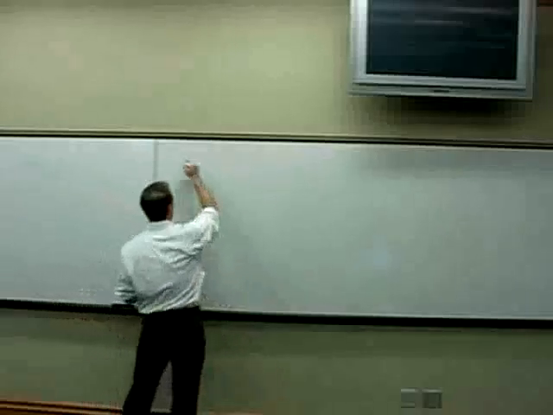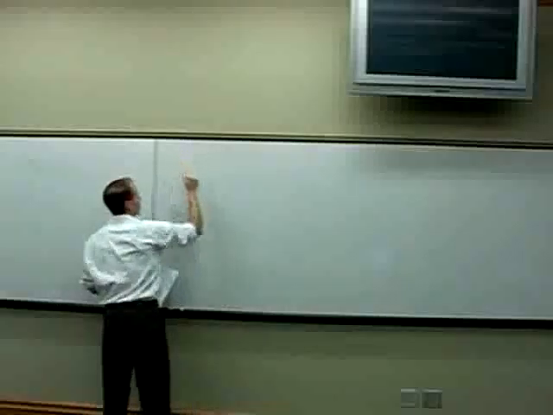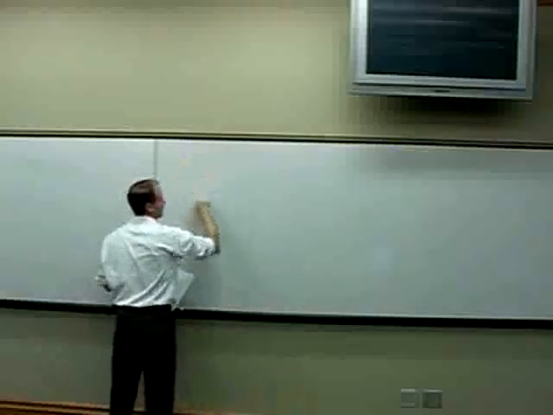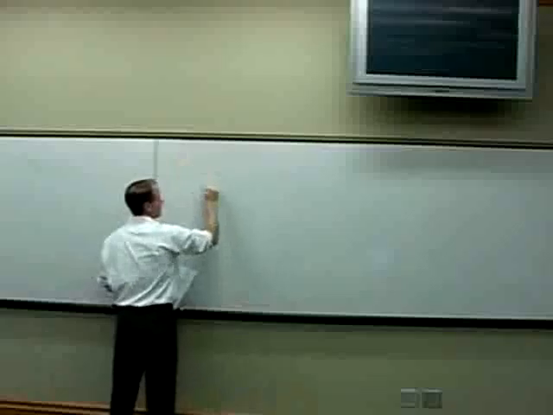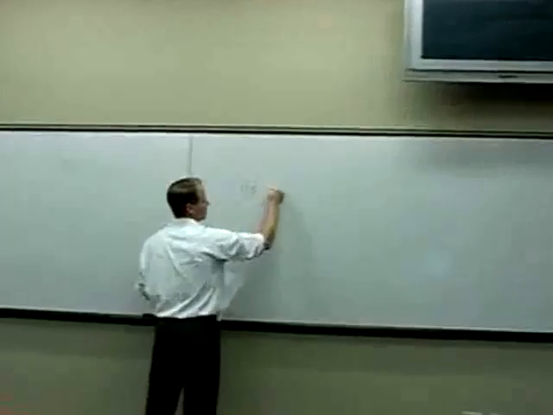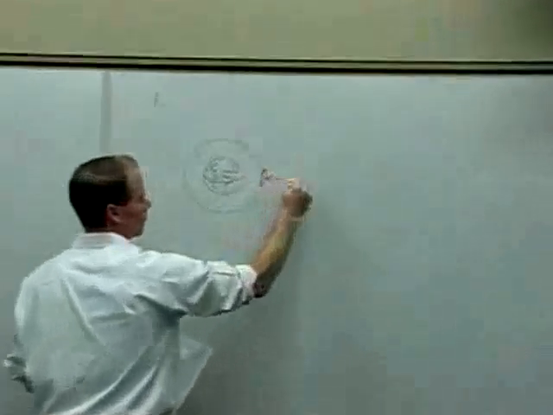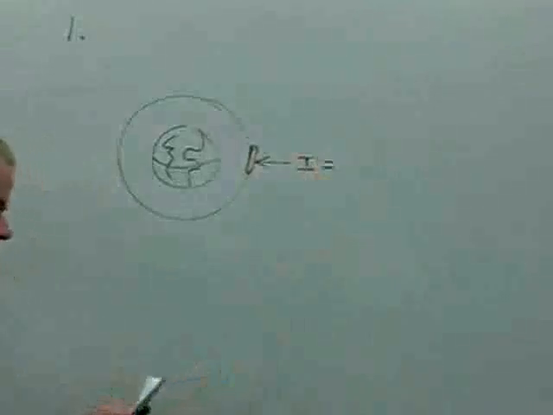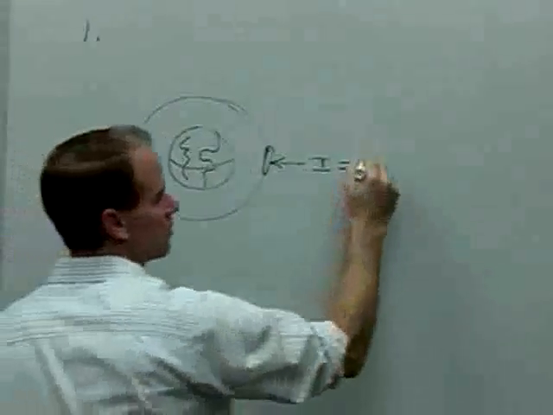So in problem number 1, we're seeing that the intensity at the Earth's atmosphere is 1,340 watts per meter squared.